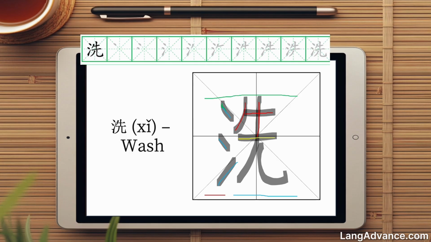Remember, any line will be in the middle. And now, finally, here. And then lastly, the hook. Drag and hook up. Let's see how to write that again: our 3 dots and our 先, water first. When you want to wash something, obviously you need to look for water first.